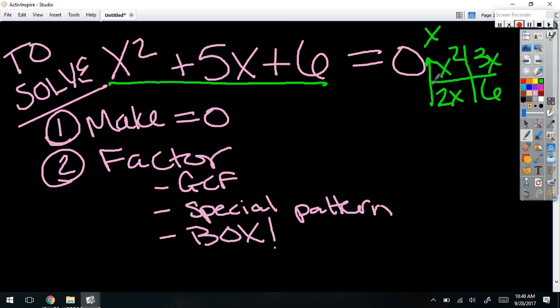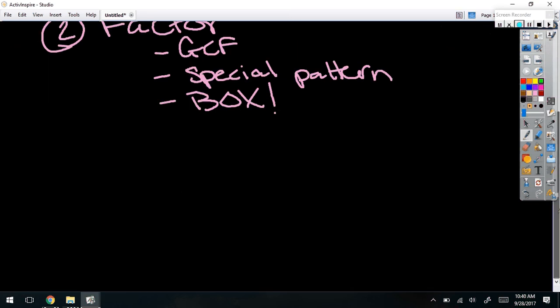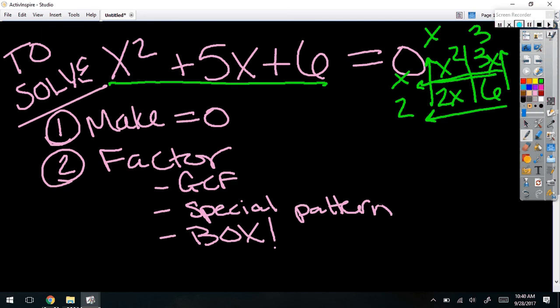So the biggest thing to divide 1 and 2 by would be 1. How about here? 3. And here? 1x. And here? That's a 2. All right, so factored, this trinomial now looks like x plus 3, x plus 2.